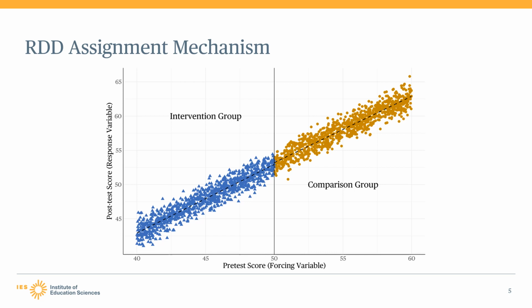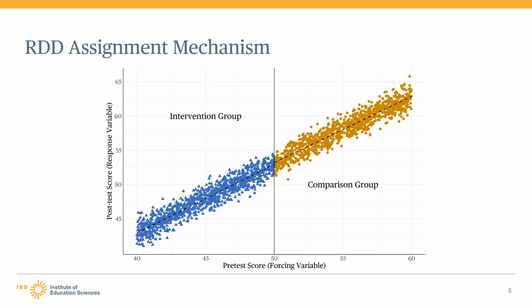It is worth reiterating that RDDs occur when interventions are offered to units based on whether they score above or below some cutoff value on a known forcing variable, depending on the nature of the intervention and the measurement features of the forcing variable.